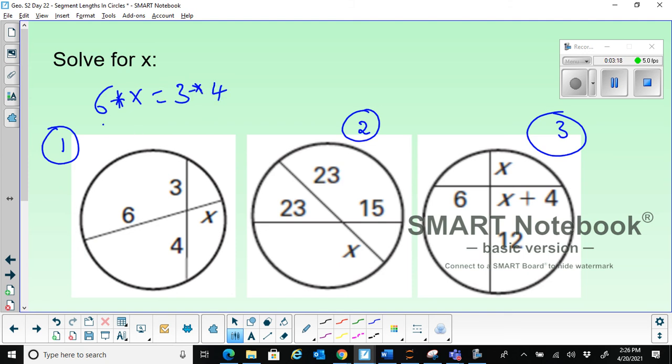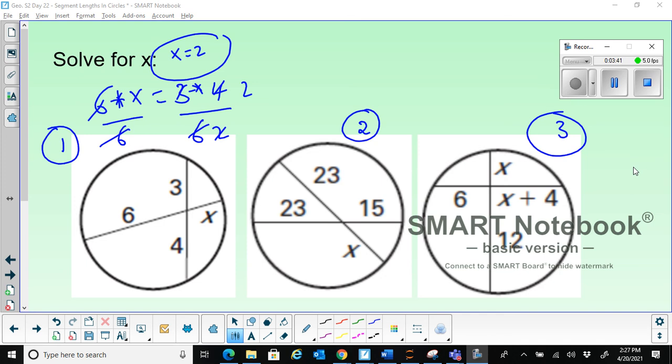Further dividing by 6, I will have x equals 2. Same way, all of you try problem numbers 2 and 3. I'll give you exactly a minute and a half and then we will go over the solution.